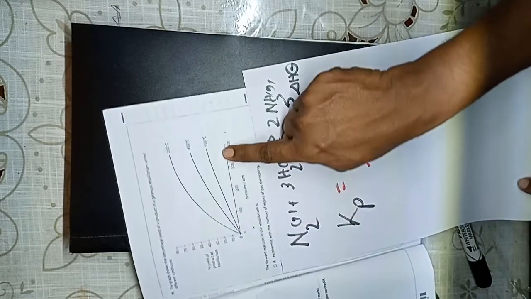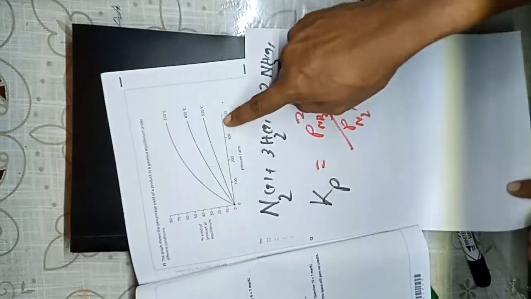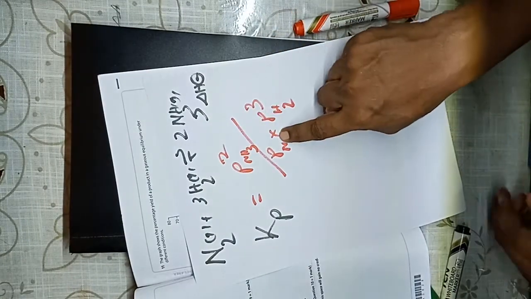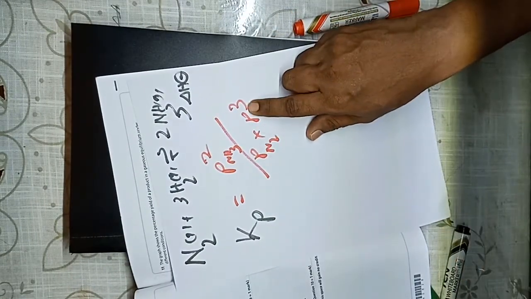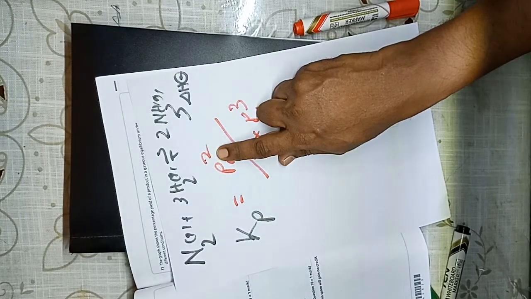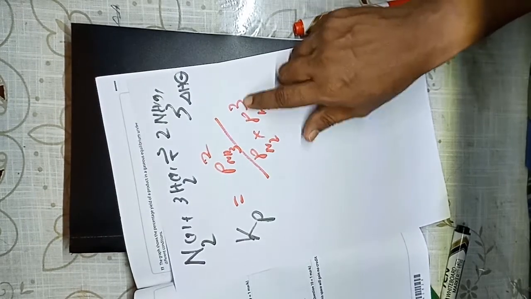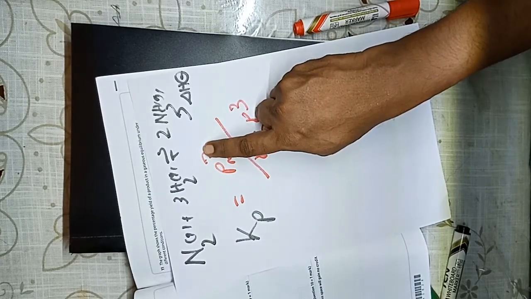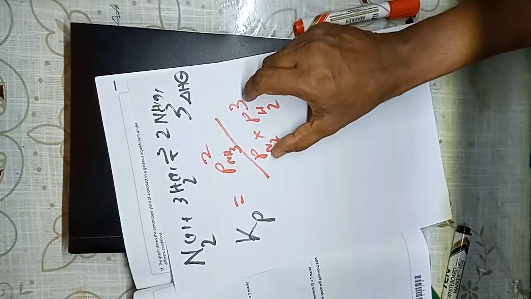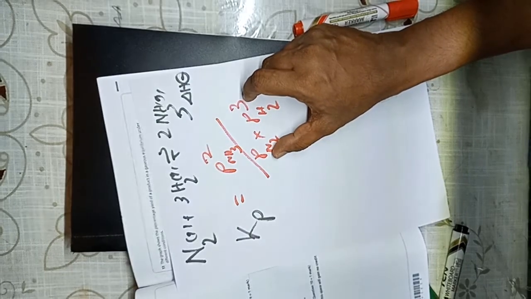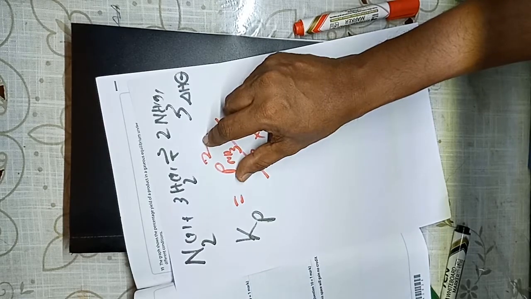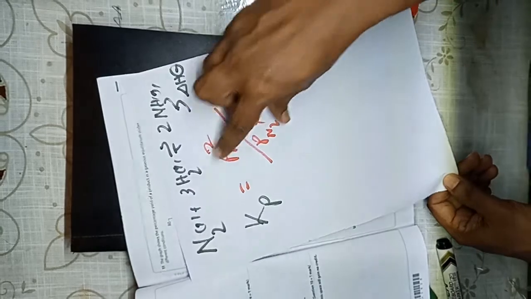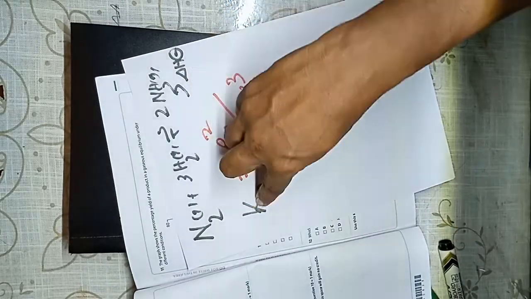When the pressure increases, you see in the Kp expression or Kc expression, the denominator is more affected than the numerator, because in the denominator the overall power is 3 plus 1, 4, and in the numerator the overall power is 2. When the pressure increases, the denominator increases to a great extent compared to the numerator. When the denominator increases to a great extent, this value decreases compared to Kp.